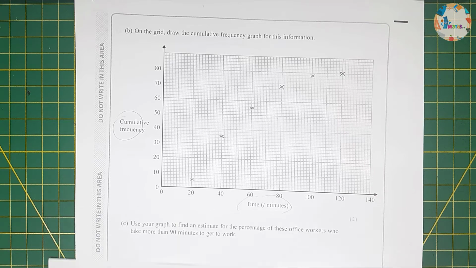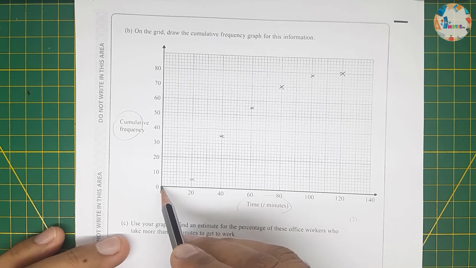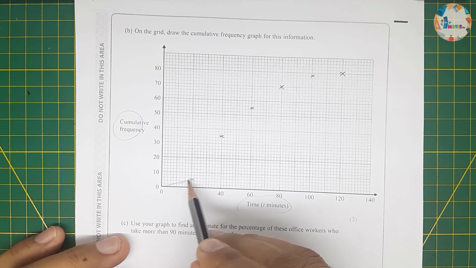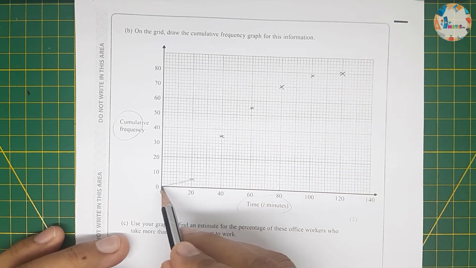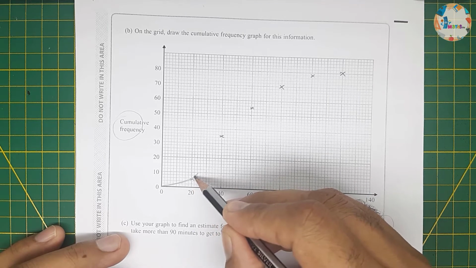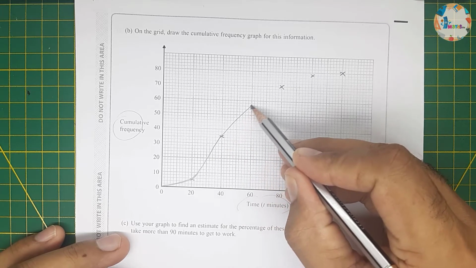Now we have drawn these points, we have to draw the cumulative frequency graph, the curve. It should be a smooth line turning like this one, so it should turn from here and it should be bending from here like this one.